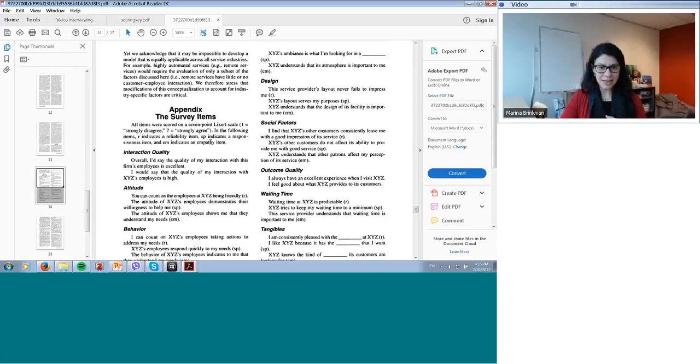They also clearly say that an R indicates a reliability item, an SP, those are all the abbreviations between the brackets behind each and every statement. So a statement has been coined as being related to reliability, 1 to responsiveness, and 1 to empathy.